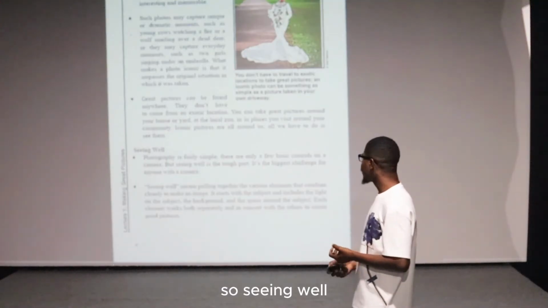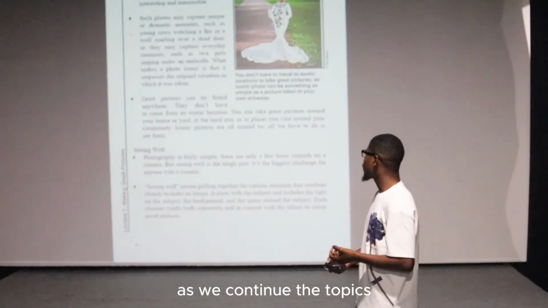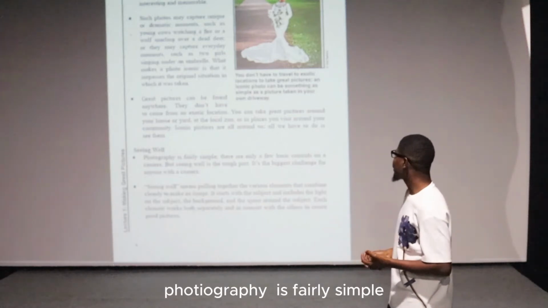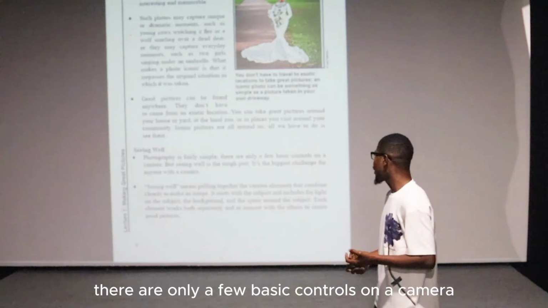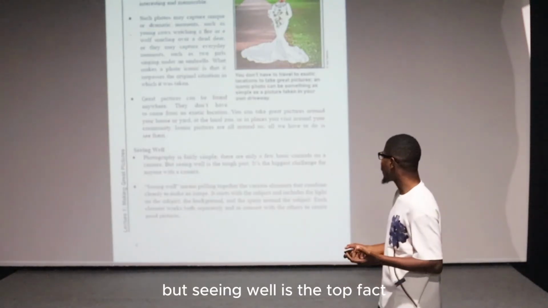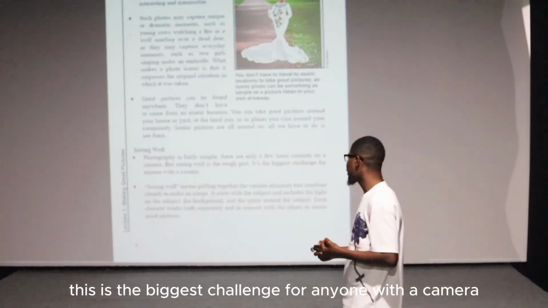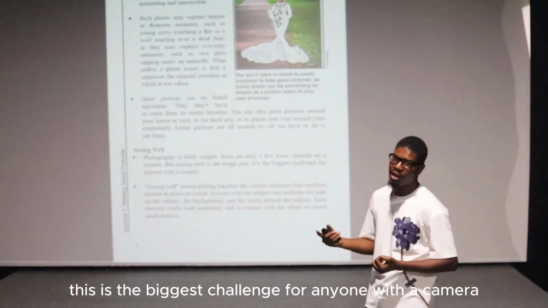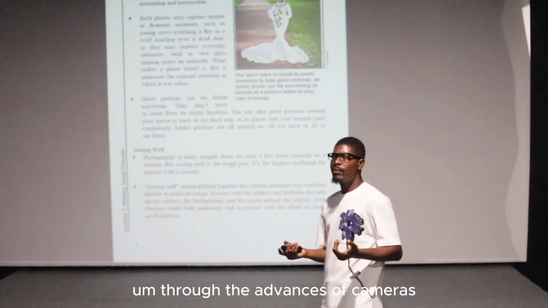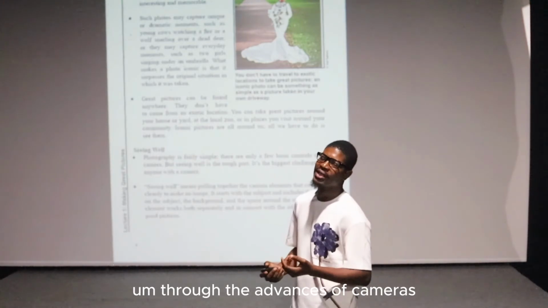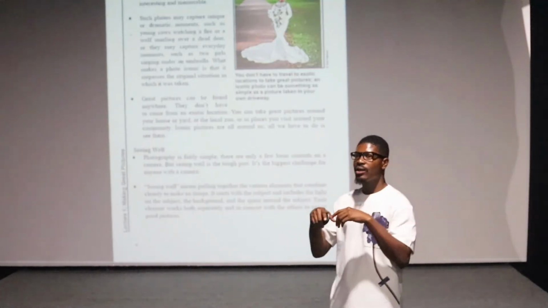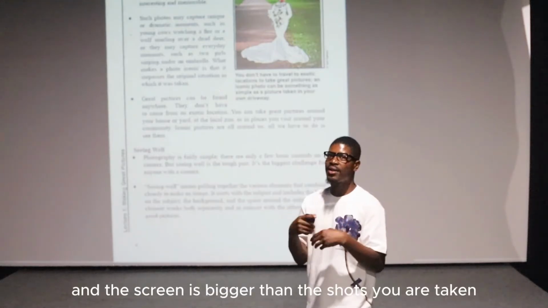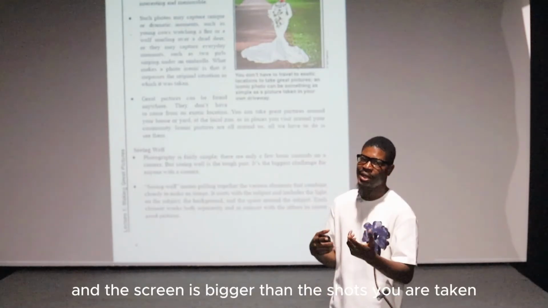So seeing well, as we continue the topics: photography is fairly simple. There are only a few basic controls on a camera, but seeing well is the top part. This is the biggest challenge for anyone with a camera. Through the advances of cameras, now we have mirrorless cameras that have screens, and the screen displays the shot you are taking.